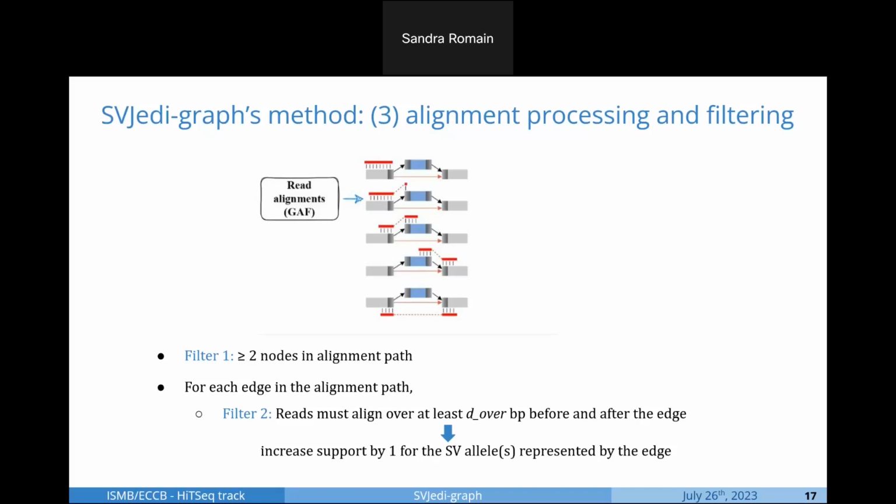We require that the reads align over at least a particular distance before and after the covered edge. This particular distance is controlled by the d/over parameter.